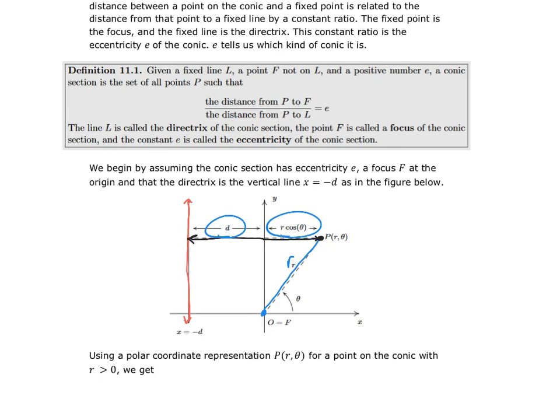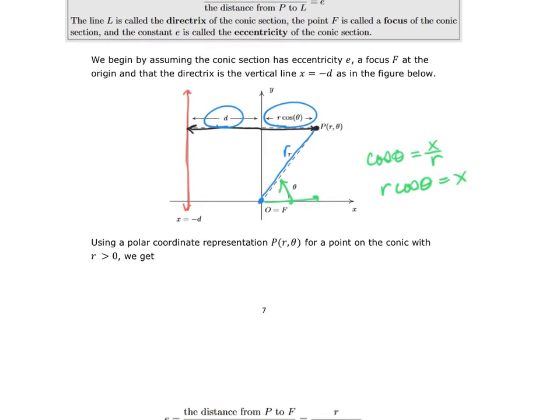The reason it's r cosine theta is because if this angle is theta, then the x part of it, the distance we traveled there, would have been the cosine of theta is equal to x over r. So r cosine theta would be the distance x that we traveled.